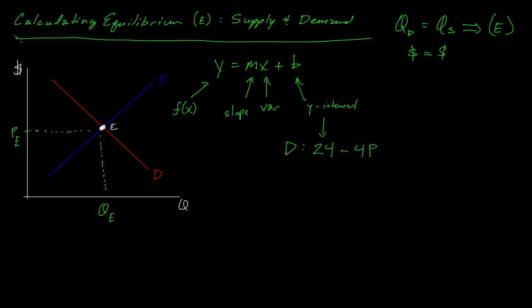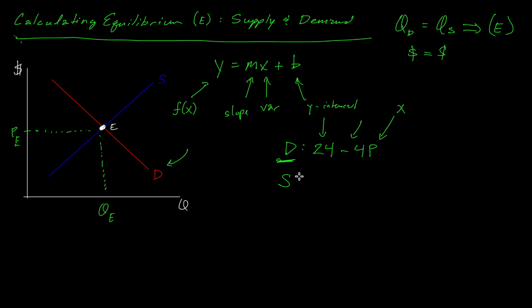Just happens to be in kind of the wrong order. Here's our x, our variable. Here's our slope, 4 over 1, or more appropriately, negative 4 over 1. And that's how you know it's a demand function, because of the negative sign. Because also, of course, the slope of the demand curve is always negative.